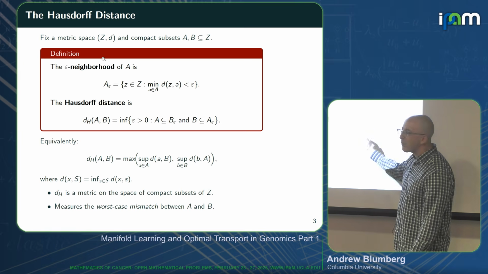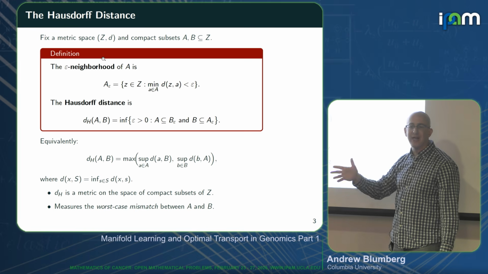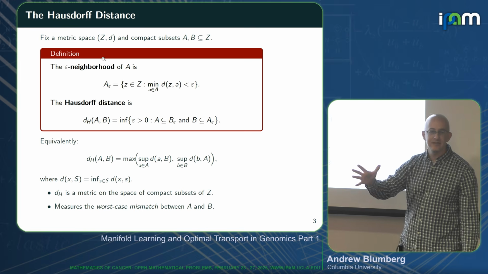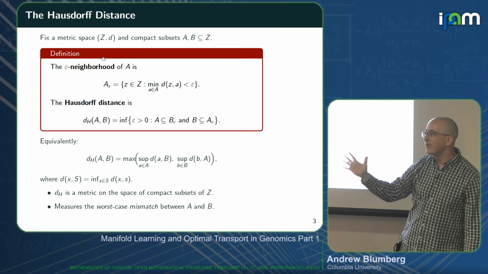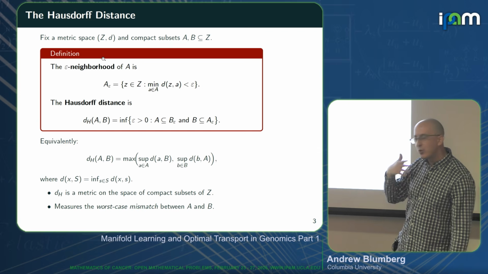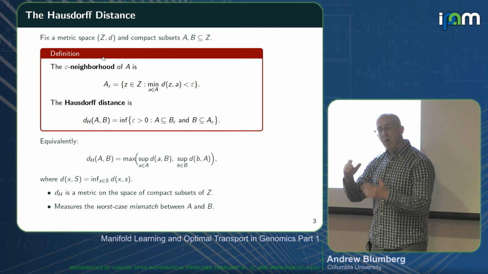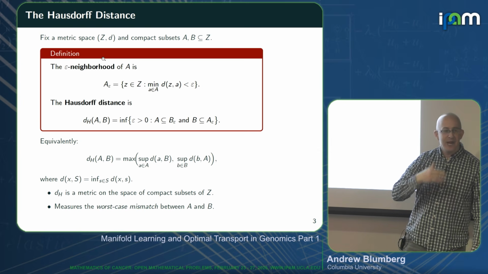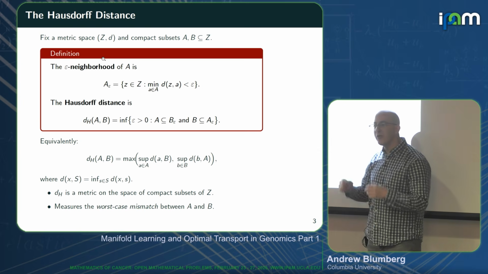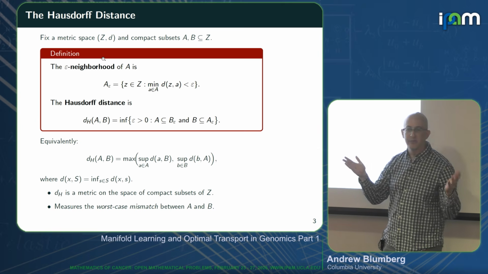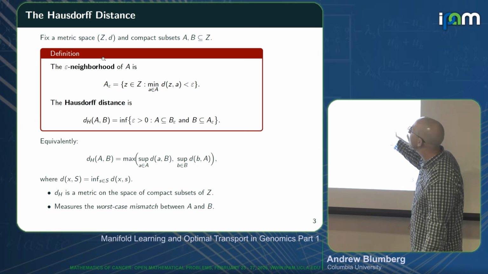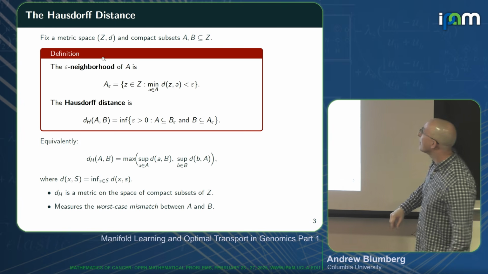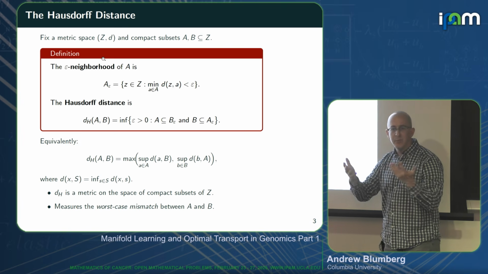When I say data set, what I'm going to mean is a finite metric space. So it's a bunch of points and a distance that satisfies the triangle inequality. You can think of this as a subset of R^n for large n, which came from taking single cell mRNA-seq recording. That's a canonical example, but there are lots of others. It doesn't matter. And now you want to say, how do you put a metric on this?